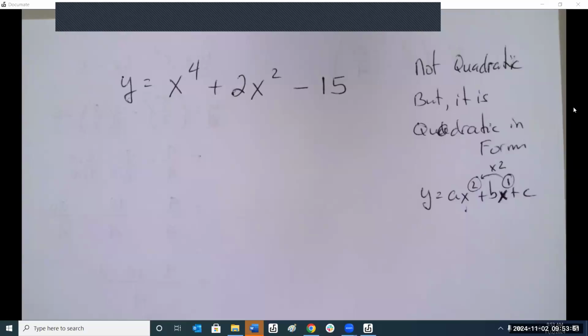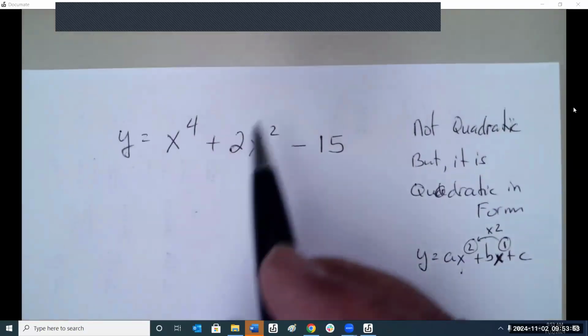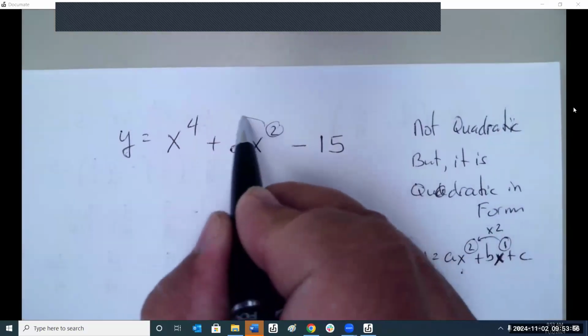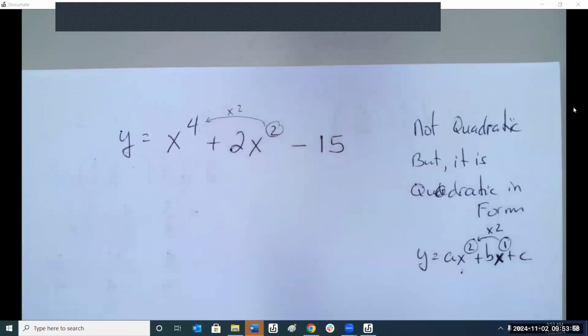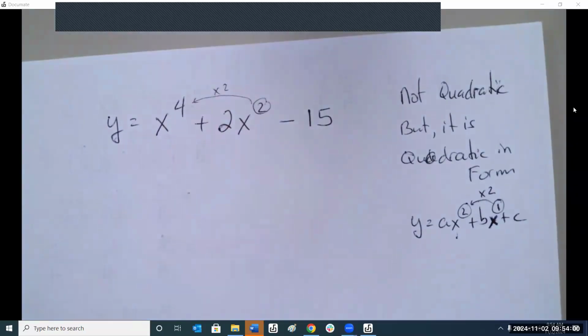That's quadratic in form. This one, if I multiply it by 2, do I get 4? Yes. So because it's quadratic in form, I can use what we've done in the past. I can use the quadratic equation.